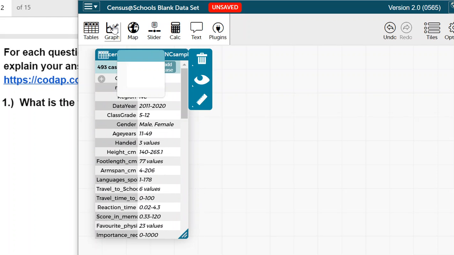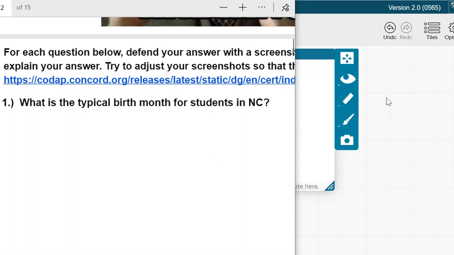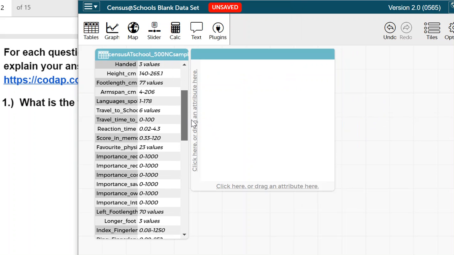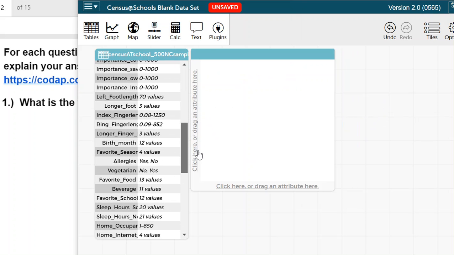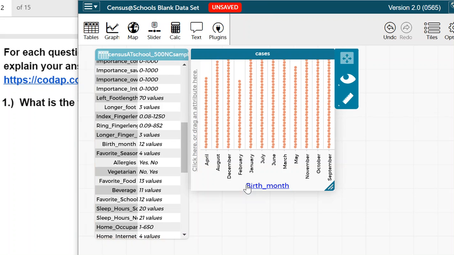All I really want is the name of them. For instance, when we're saying what is the typical birth month, I'm going to look at birth month, and we're going to drop it into the x-axis.